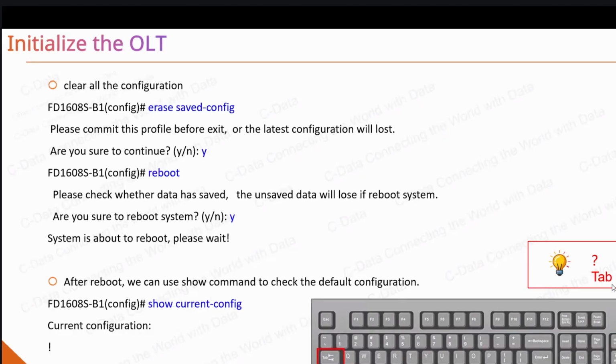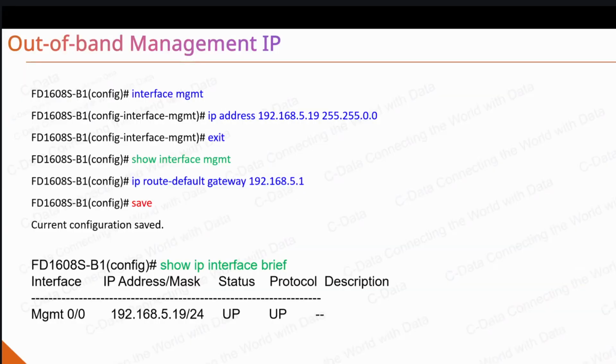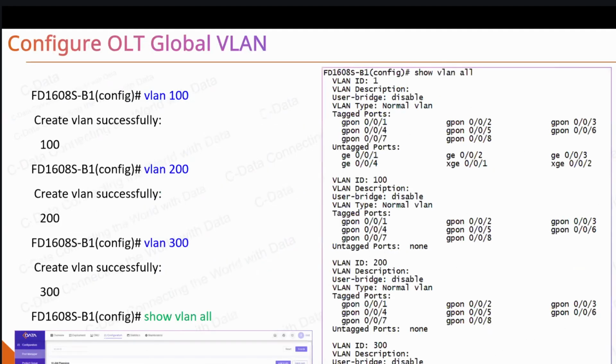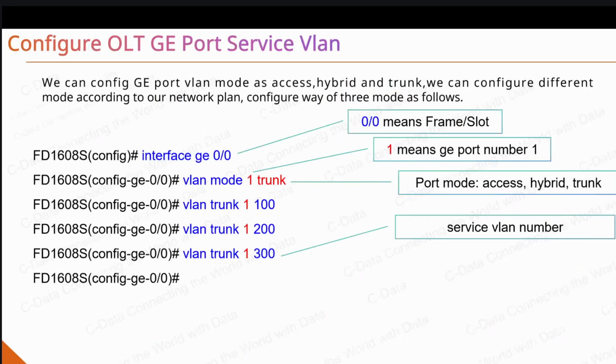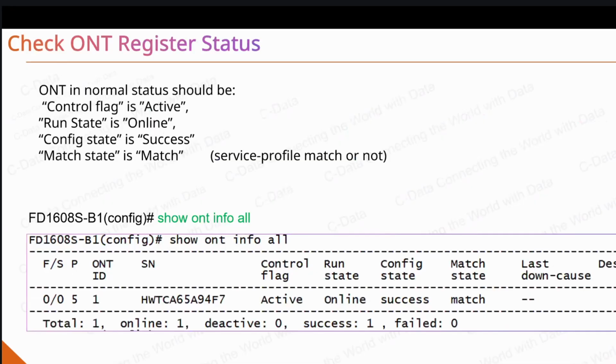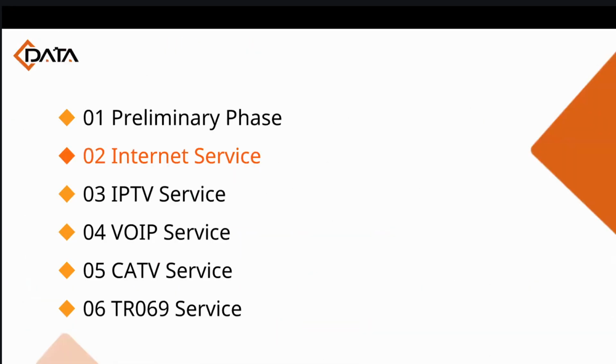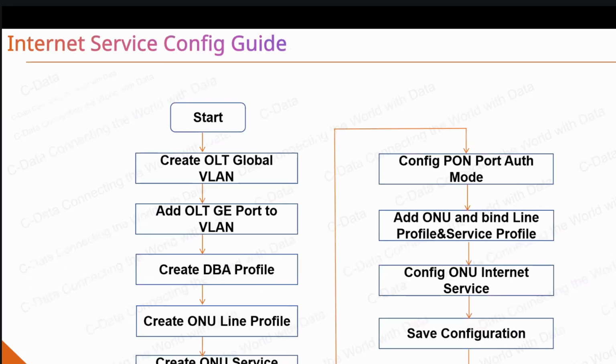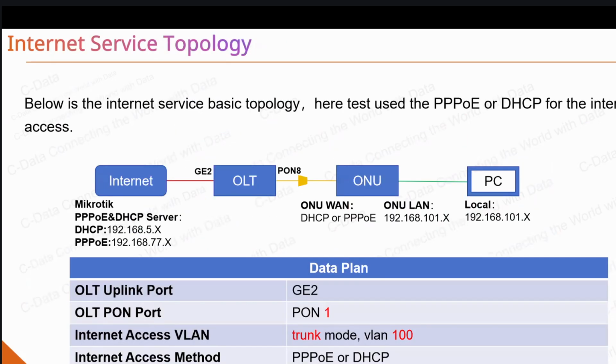This one, this is what I'm talking about. We use the tab, we use the question mark, and here is showing the length. This one is showing the change. This one is mapping, okay? This one is already done. Everything is done now. And show ONU information, all is here. Then internet services is done.